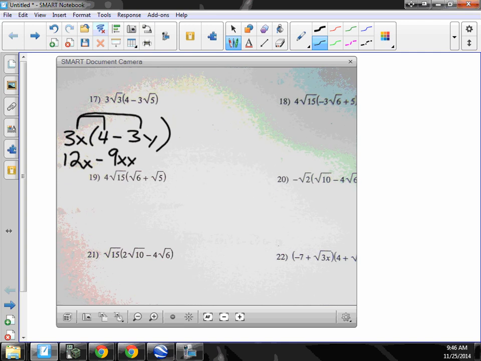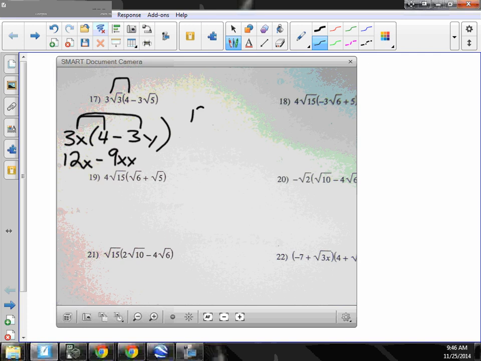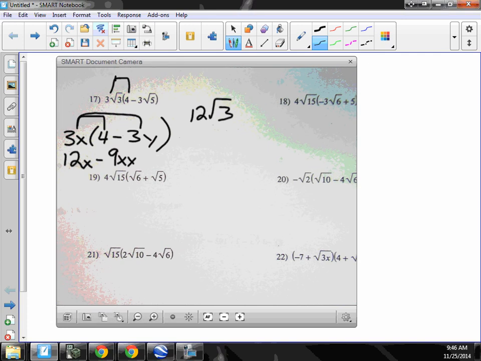Can I combine them? No. So we're going to follow the exact same pattern with the roots. This times that will give me 12 root 3. And this will give me minus 9 root 15. Minus 9 square root of 15.